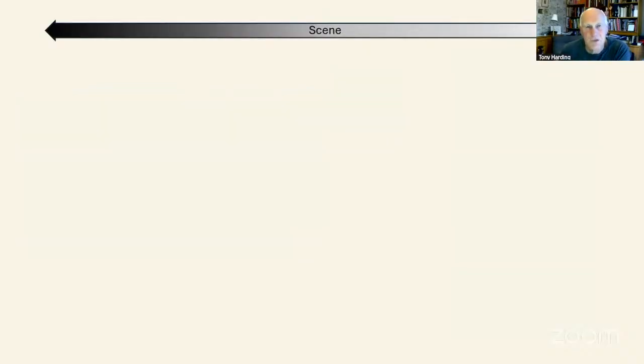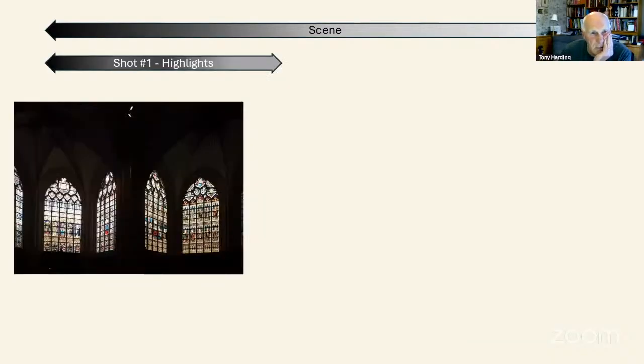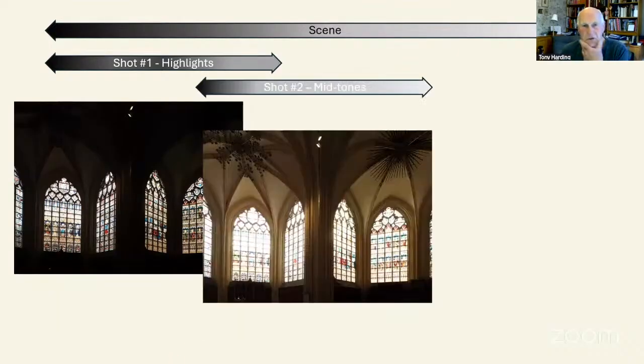But what HDR does, you take the dynamic range of the scene, and without you having to do anything, the camera takes not just one picture, it takes a series of photos at different exposure settings. So it does one here, which is underexposed, so you control the highlights in the window. It's done one in the middle somewhere.